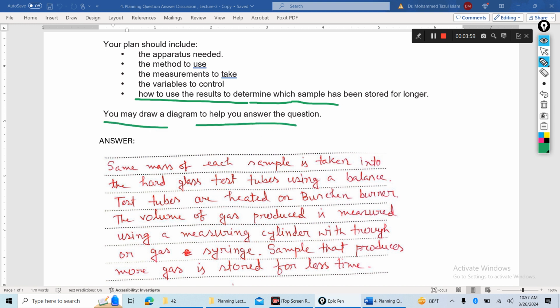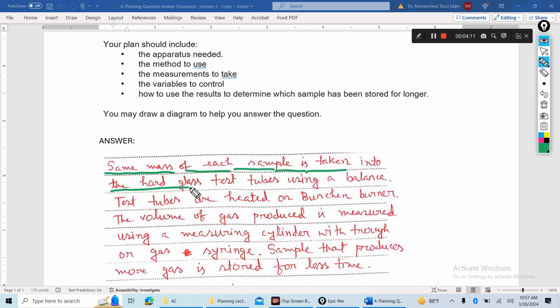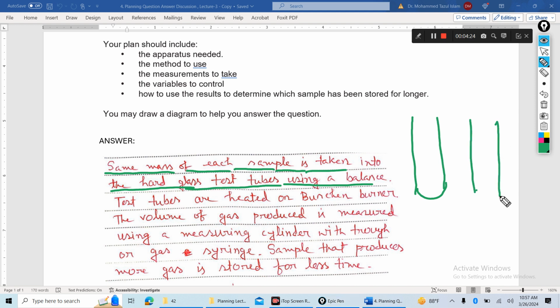So at first, this is the answer. Same mass of each sample is taken into a hard glass test tube using a balance. You will get two hard glass test tubes or boiling tubes.